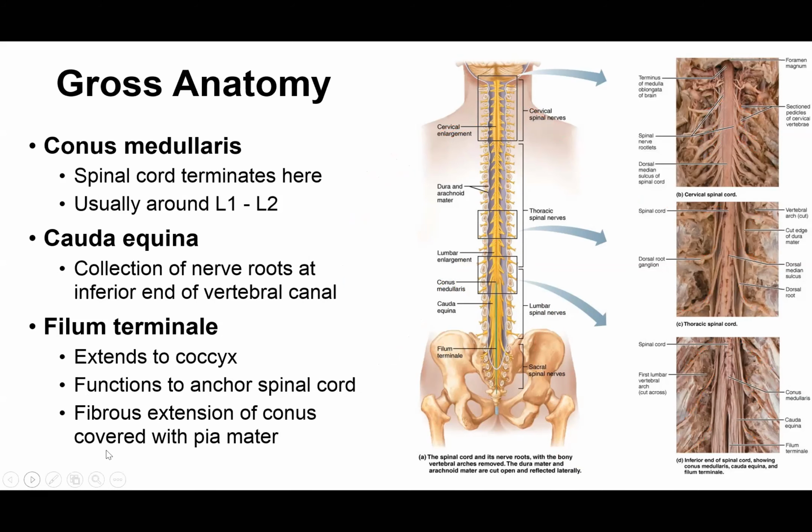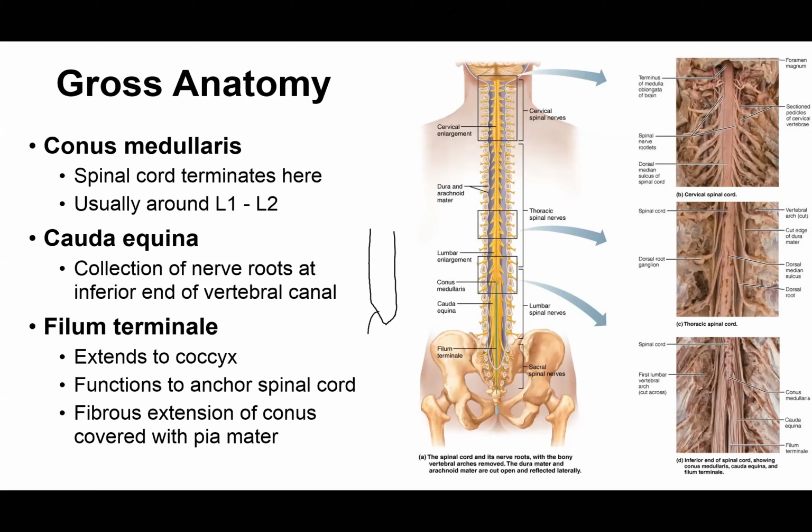So the next structure that I will highlight is the conus medullaris, which you'll see down here. It's kind of hard to tell based on this picture, but pretty much the spinal cord comes down to a point like that.